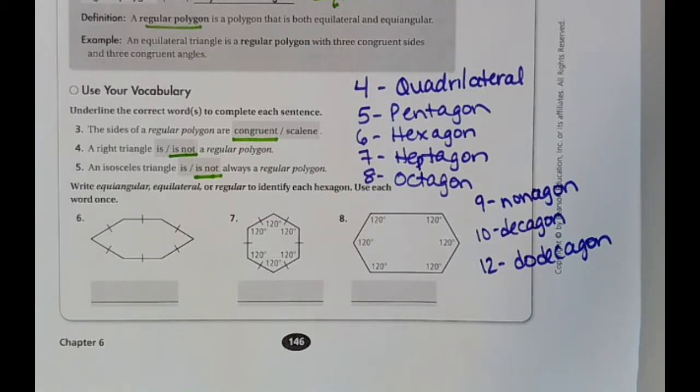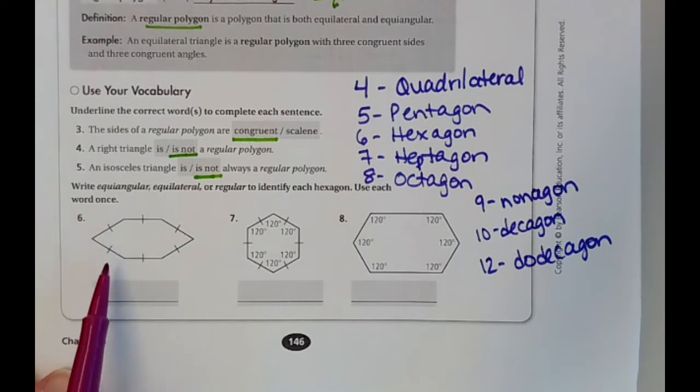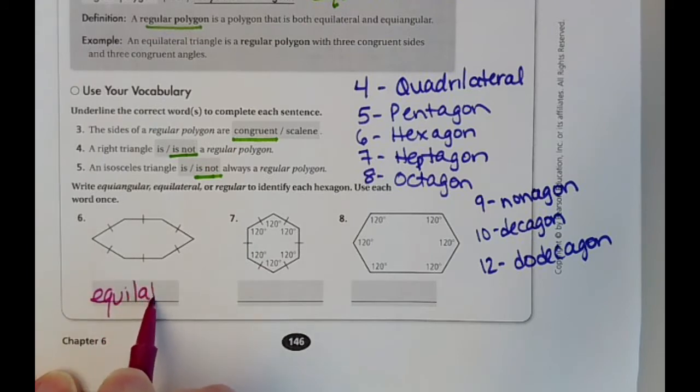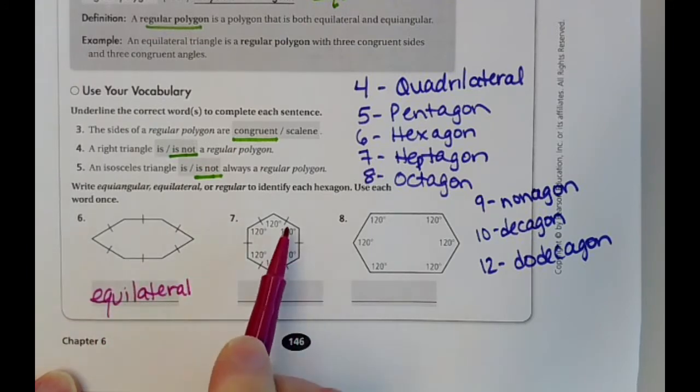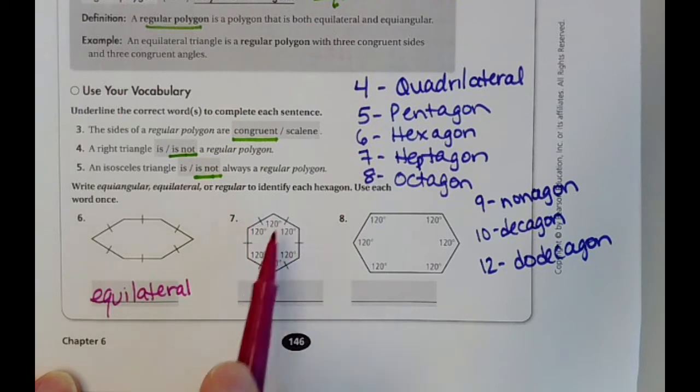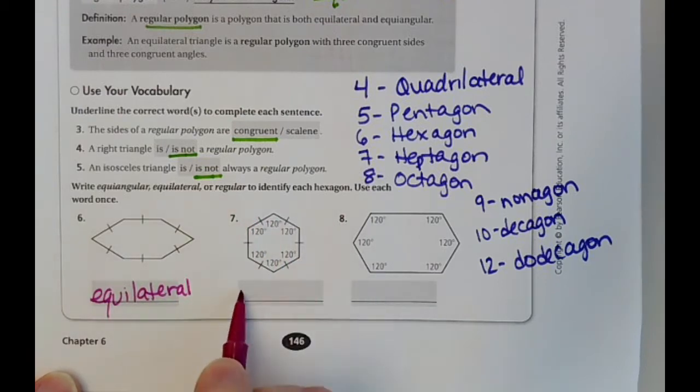This says to write equiangular, equilateral, or regular to identify each hexagon. This one we can see is equilateral because all the sides are the same length. In this one, all the angles and all the sides are marked, so this would be a regular hexagon.